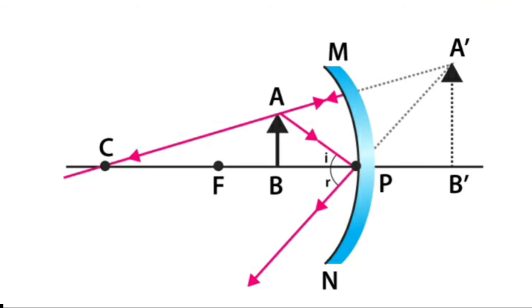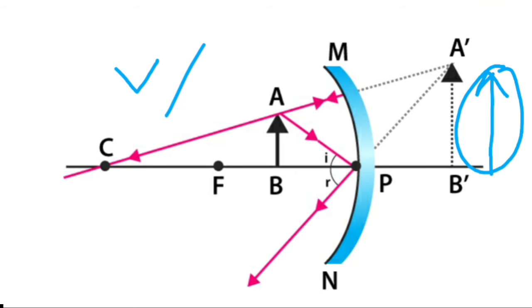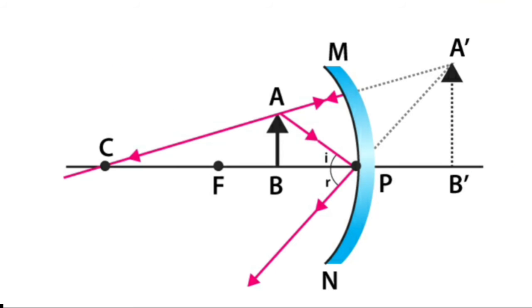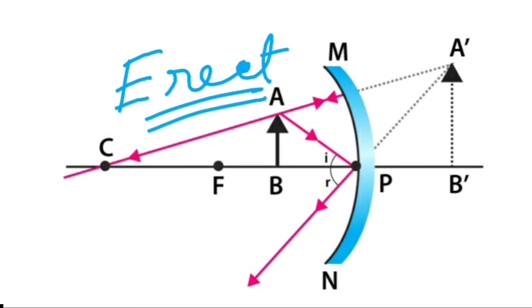Now this image is forming because of the virtual intersection of two imaginary rays. That's why it is a virtual image, and also it is in upward direction. That's why it is called erect.